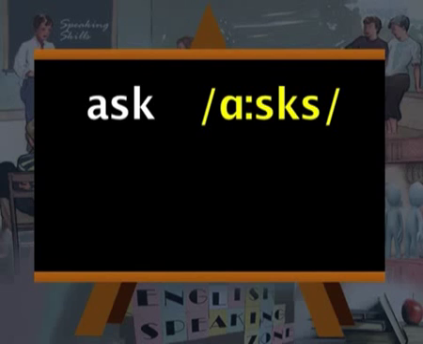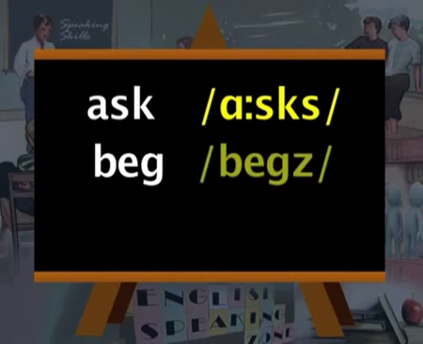But if the root ends in a voiced sound like this, g, beg, the third person singular form also is voiced, and therefore we say begz. He begs for advice. He begs for money. Z, not begs with an s, but begz. And similarly, if the third person singular ends with any of these six sounds, then the ending is again iz.